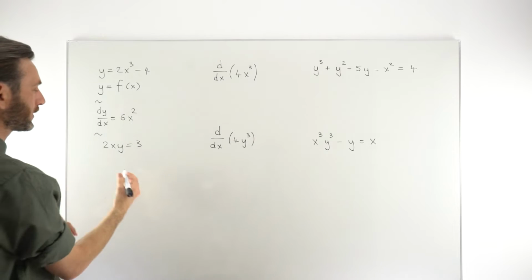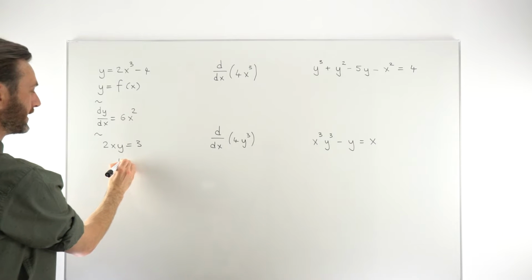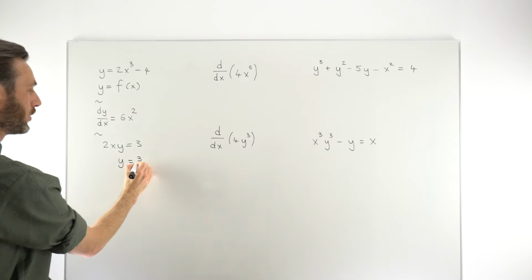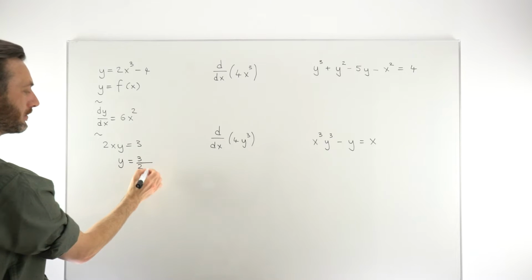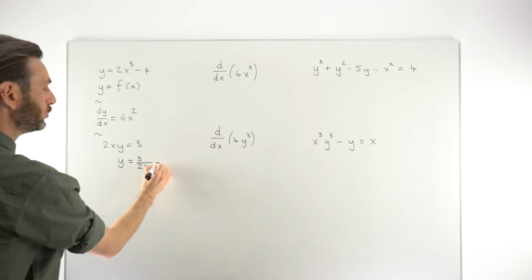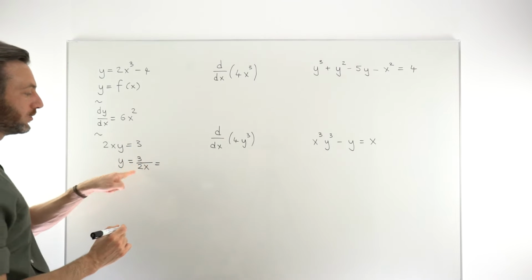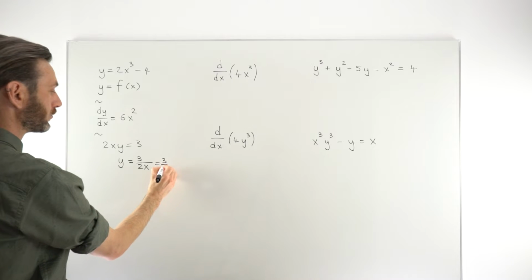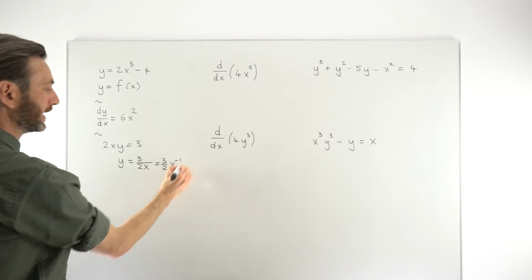Now we could kind of fix that here just by dividing the 2x over to the other side, and we're going to end up with 3 over 2x like this. And then we could pull that x up to the top, because this is not in a differentiable format to use the power rule, so we could write it as 3 over 2 times x to the minus 1.